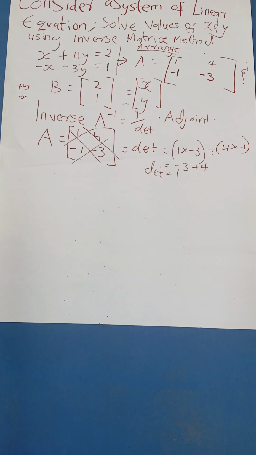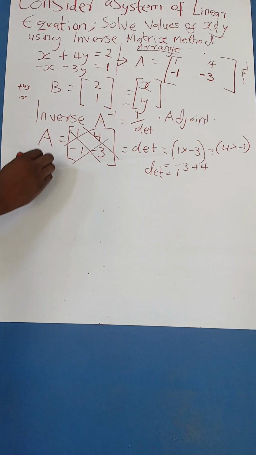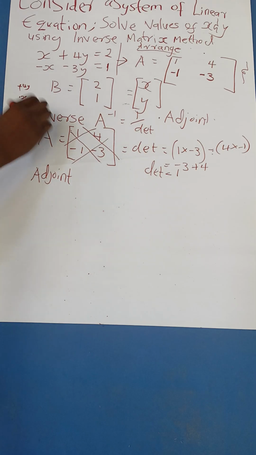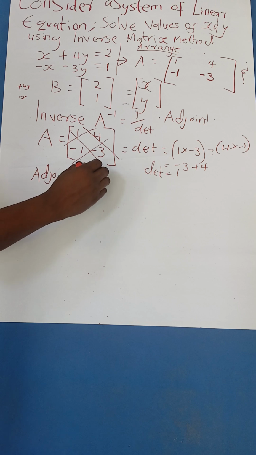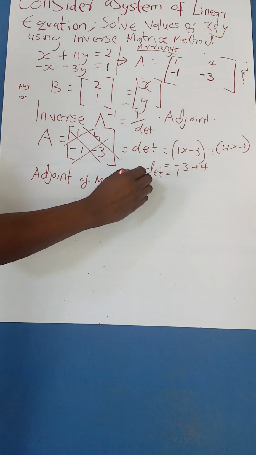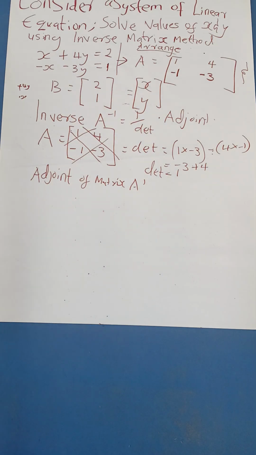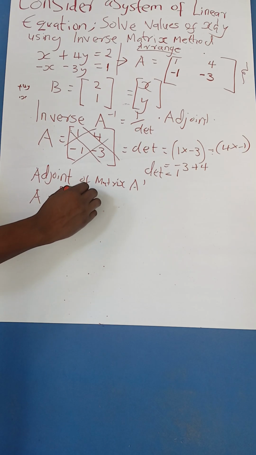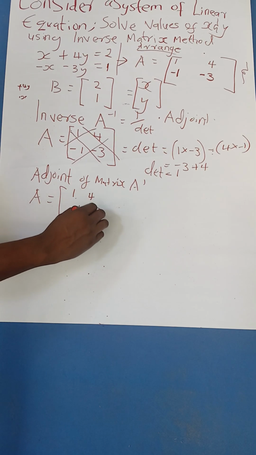Now we also have to get the inverse, and to get the inverse we have to get the adjoint of matrix A. Our matrix A is 1, 4, -1, -3.